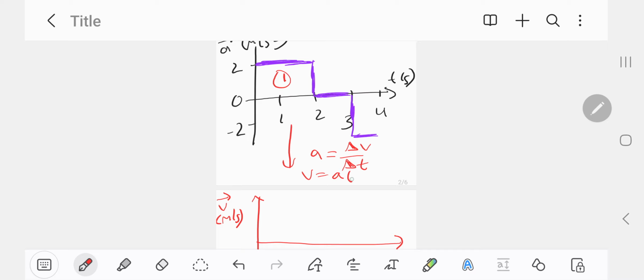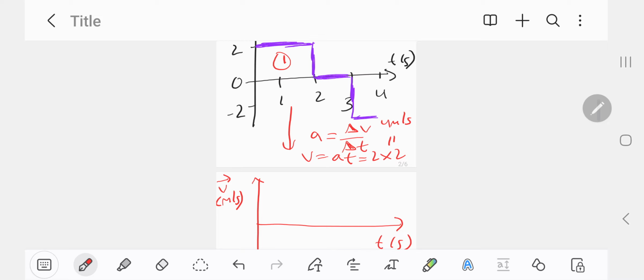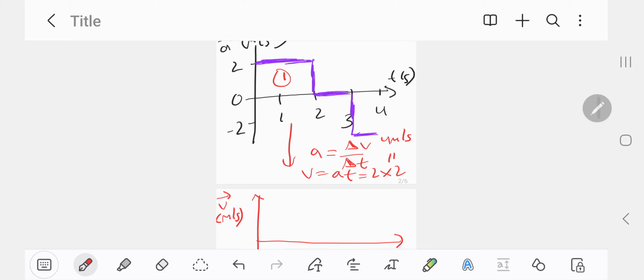You do acceleration times time. So from 0 to 2 seconds, the acceleration is 2 and the time is 2. So the answer is 4 meters per second. That's your velocity, for an acceleration of 2 meters per second squared for 2 seconds.